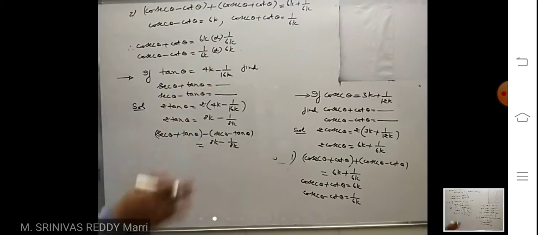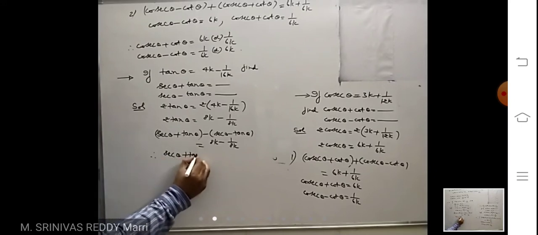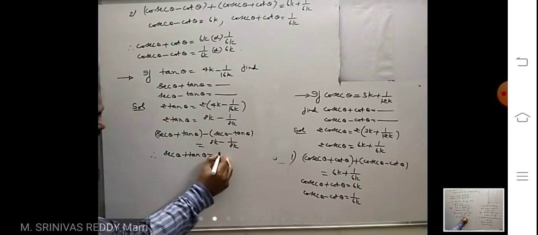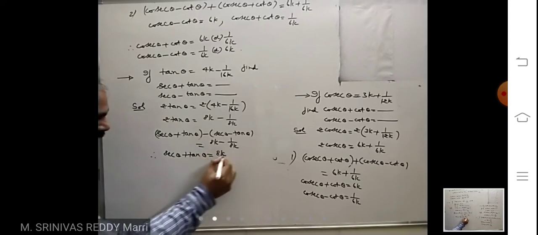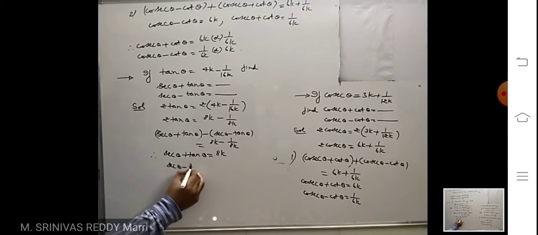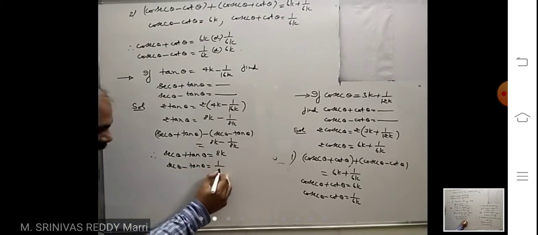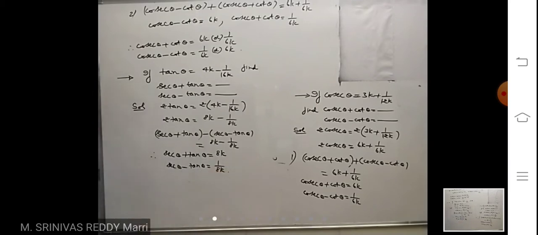Like in the previous case, there won't be any two cases. So that means definitely, therefore, secant theta plus tan theta is 8k. Secant theta minus tan theta is 1 by 8k. That is the answer. Only one value possible.